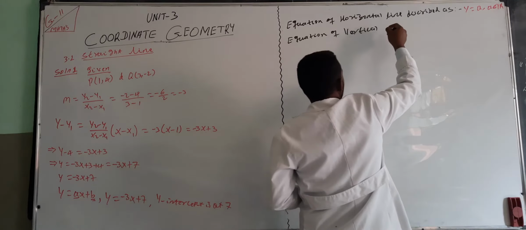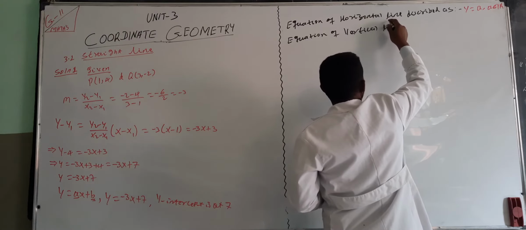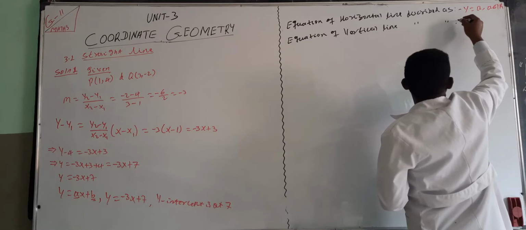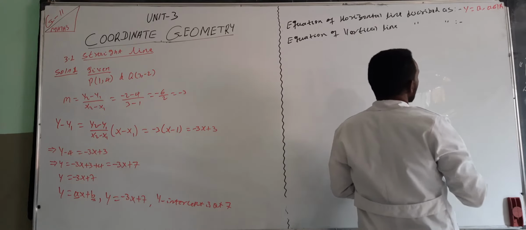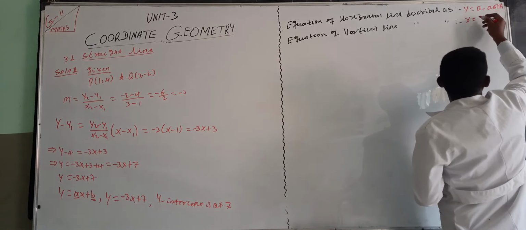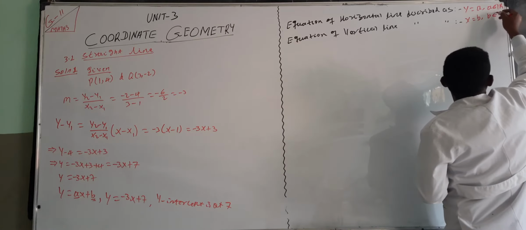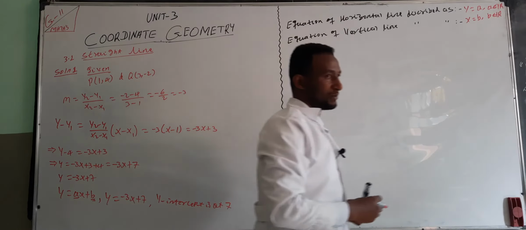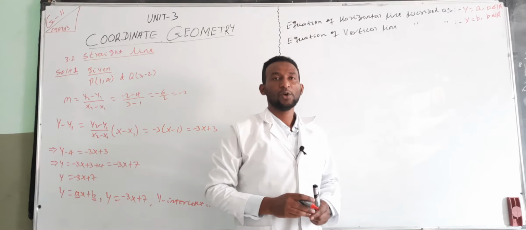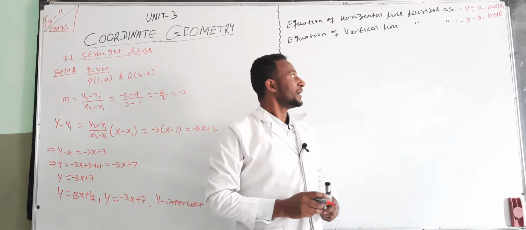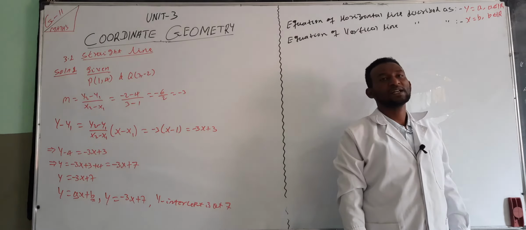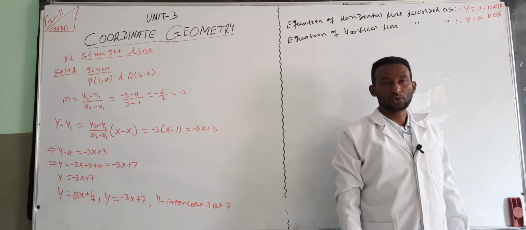The equation of a vertical line is described as x is equal to some constant, let us say b, when b is an element of the real numbers. Then a line which has a slope: the slope of a horizontal line is 0 and a vertical line has no slope.